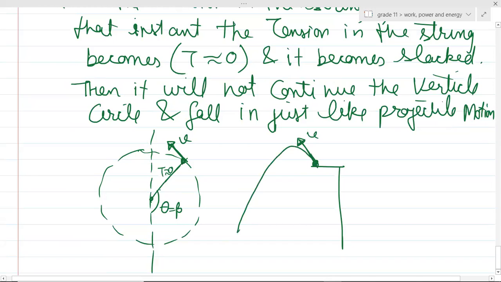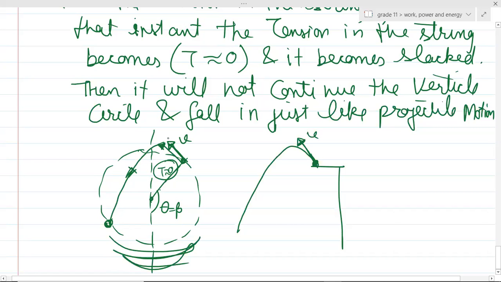Similarly, this also goes in a projectile motion till here and then the string becomes tight and it goes like this. Are you getting my point, guys? Do you understand what is happening in the second quadrant? That is why we need to be very careful where the tension is zero. That is why this angle beta was important.